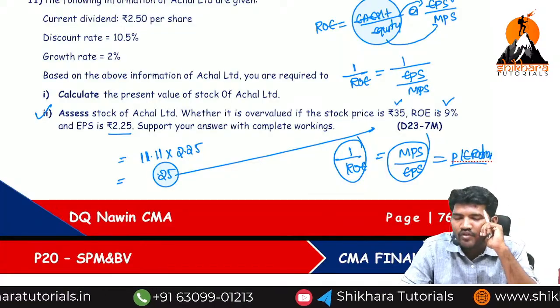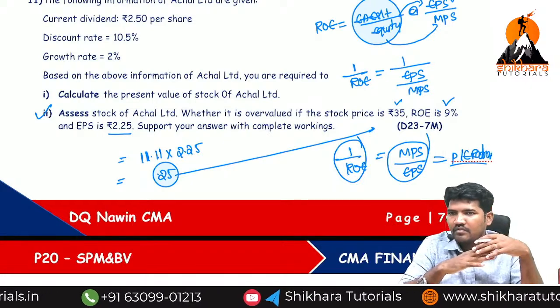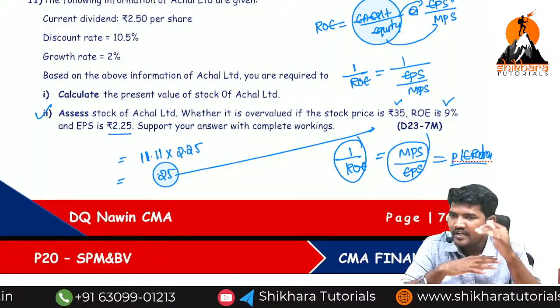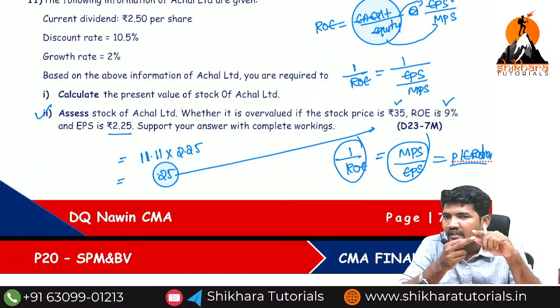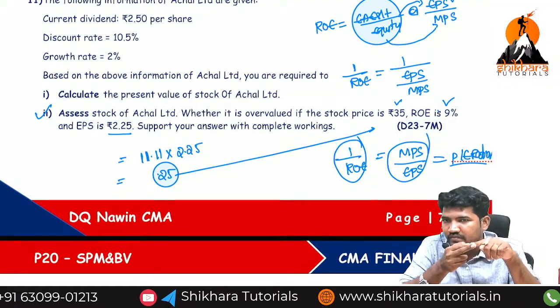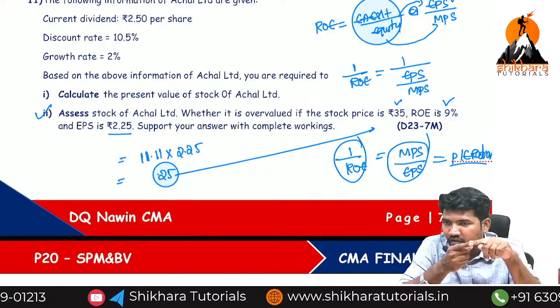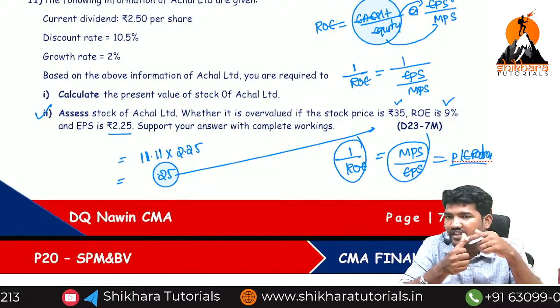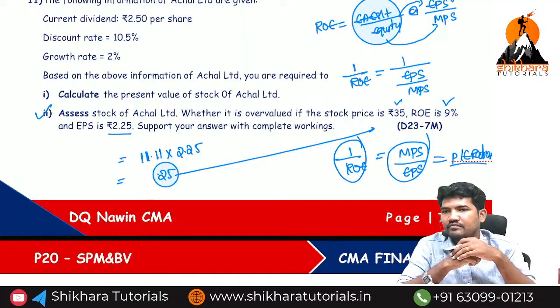Are you okay? So without seeing the solution, write it down using case 1, case 2, case 3. Here we have 3 cases. Case 1: MPS as per Gordon's growth model. Case 2: MPS as per the PE multiple point of view. Case 3: MPS as per the earning growth model. Are you clear?